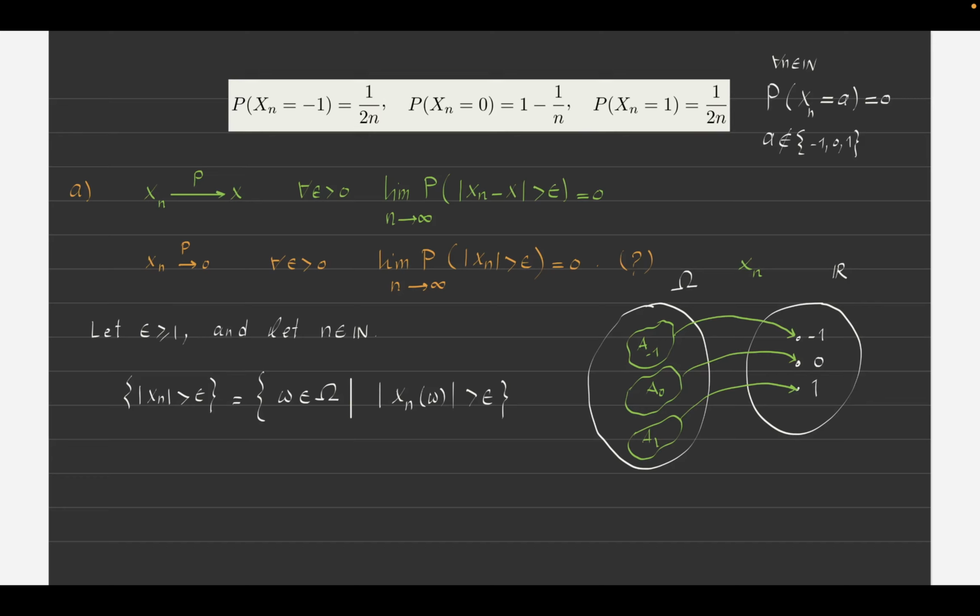What does it mean? It means that if you pick any omega from here and apply x sub n on that omega, the output is -1 regardless of which one of these elements you choose. And the same story here, all of them are assigned to 0 and everything from here is assigned to 1. This is the picture we have.